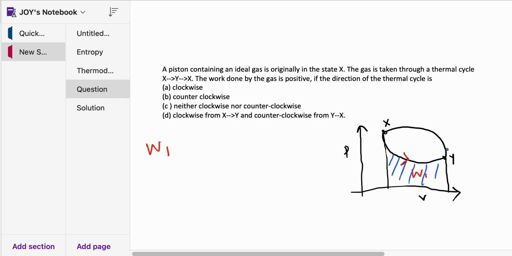Now if we again go from Y to X, how much work do we have to do? We have to do the area under this curve. The area under this curve will be this much.